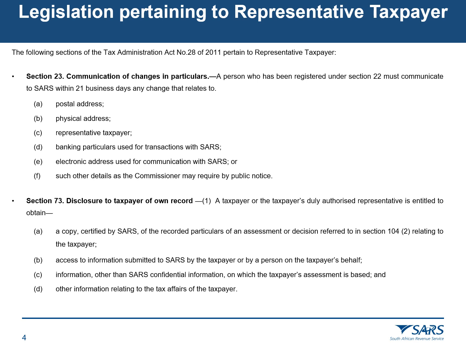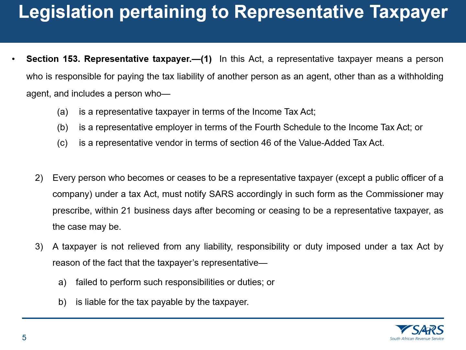Access to information submitted to SARS by the taxpayer or by a person on the taxpayer's behalf. Information other than SARS confidential information on which the taxpayer's assessment is based, and other information relating to the tax affairs of a taxpayer.